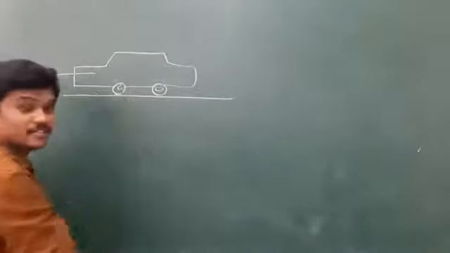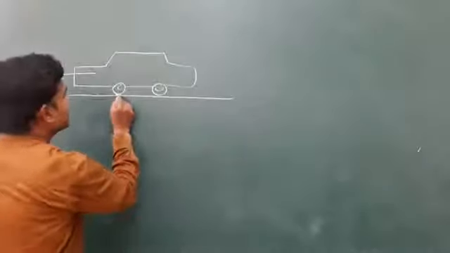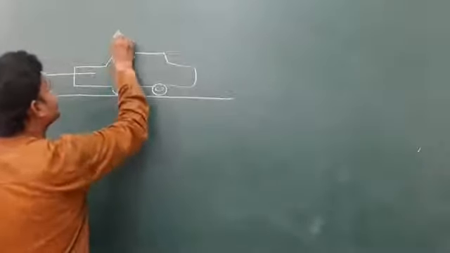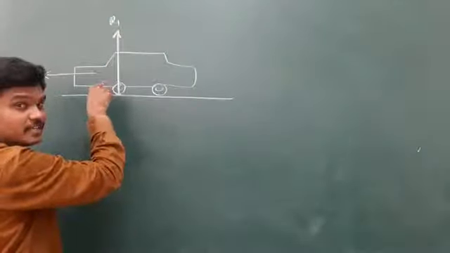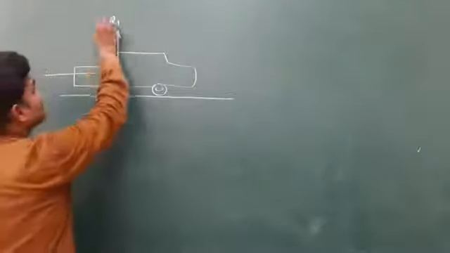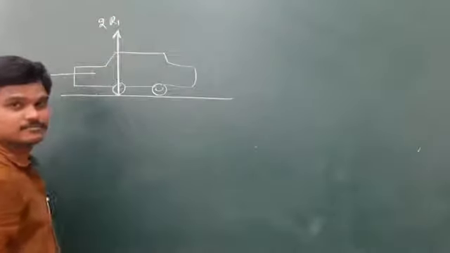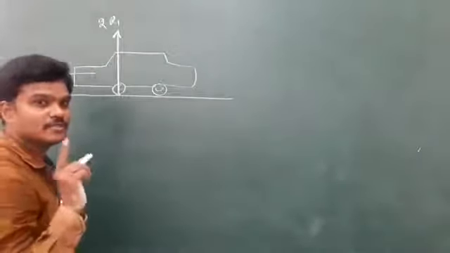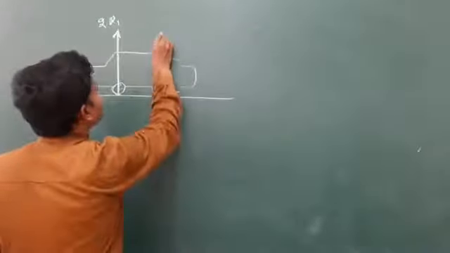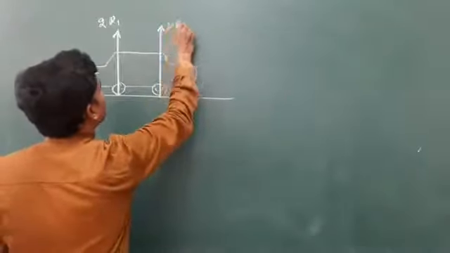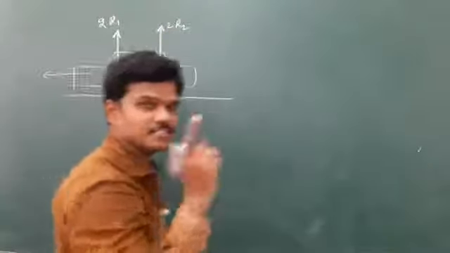Each will have some contact surface, and of course there will be a reaction force. Let me call it R1. One more wheel is there on the other side, so let me write directly 2R1. 2R1 is the reaction force on the two front wheels, and on the back side I am taking 2R2 for the two back wheels.